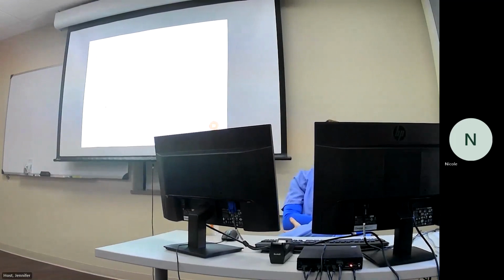So there are 7 stages of viral replication. We have the initial attachment, penetration, the encoding, replication, assembly, maturation, and then the release.